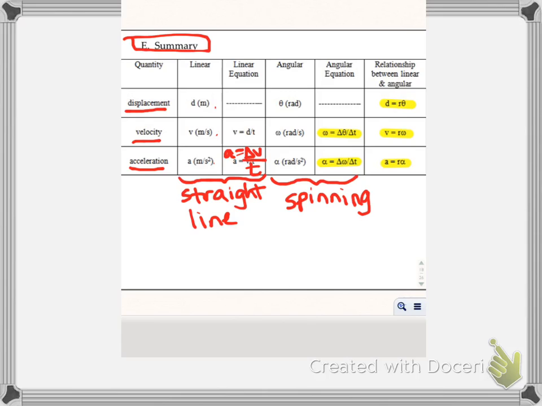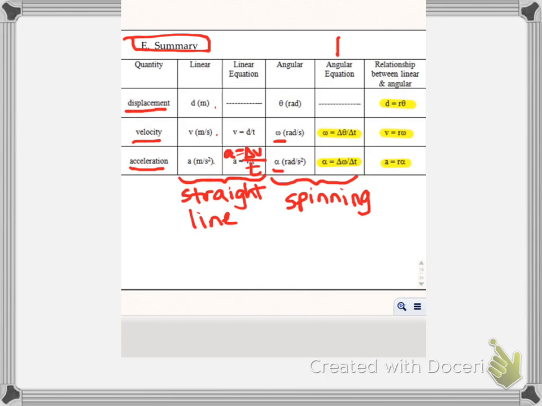So we're taking our d from displacement and replacing it with theta. The meters gets replaced with radians. For velocity, the v is replaced with omega, and instead of meters per second, it's radians per second. Our acceleration, the plain A, is replaced with the Greek version of an A, alpha, and instead of meters per second squared, it's radians per second squared.